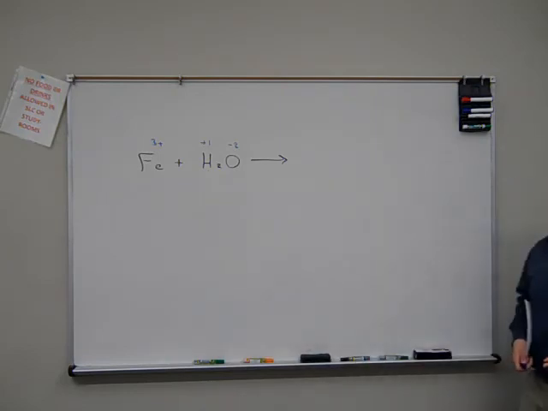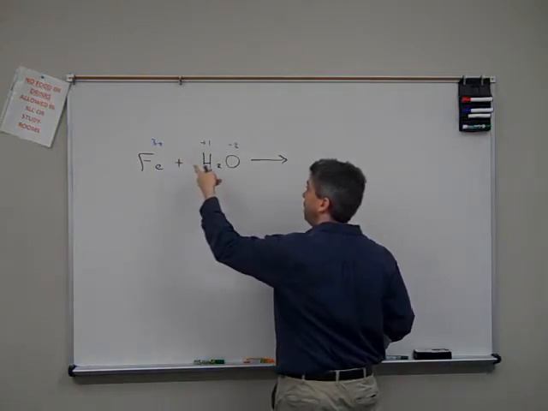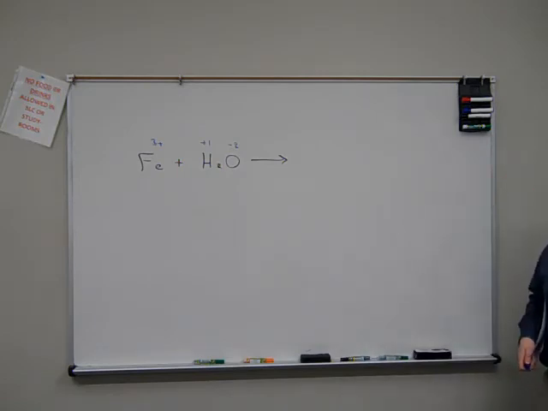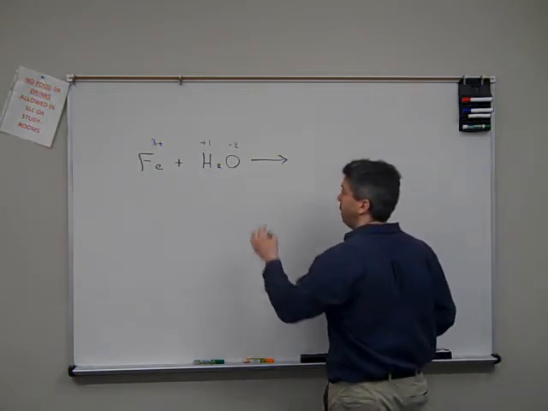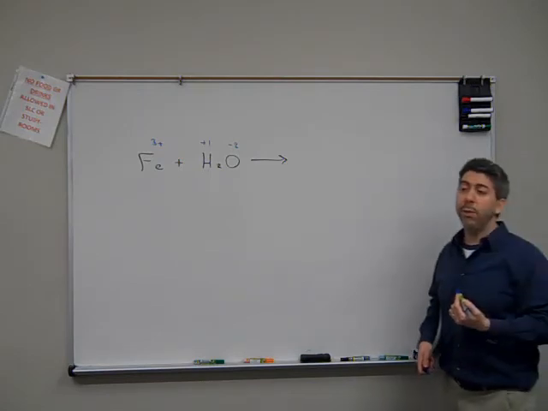So if the iron and the hydrogen switch places, because remember, like replaces like, that means these guys are going to switch places. Which means iron is going to go with what? Oxygen. And if iron goes with oxygen, iron being a +3 and oxygen being a -2, what's that going to give you?